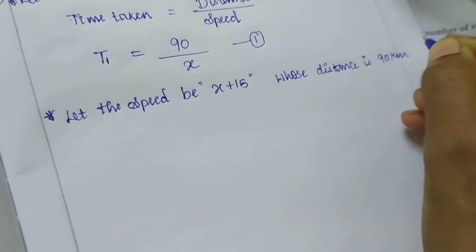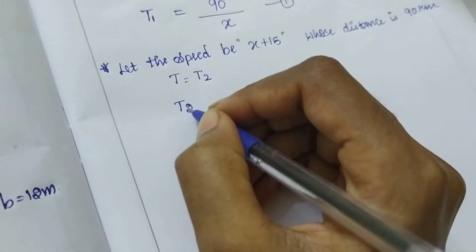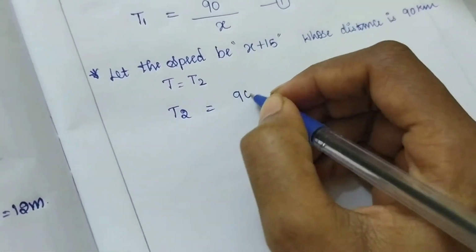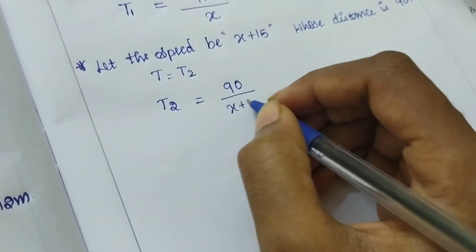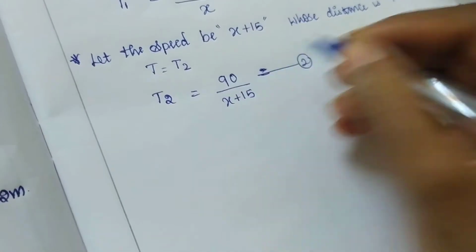So T2 is equal to 90 by x plus 15. So this is equation 2.